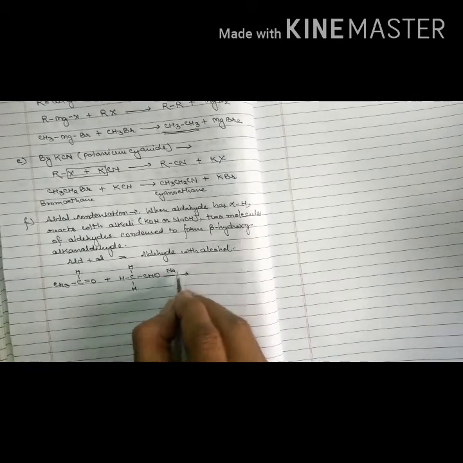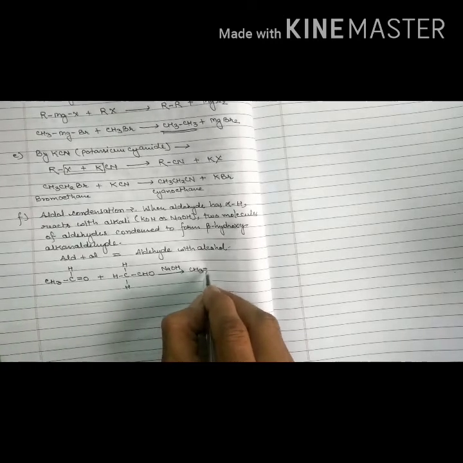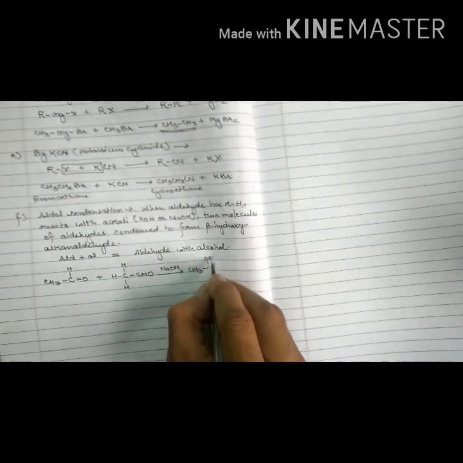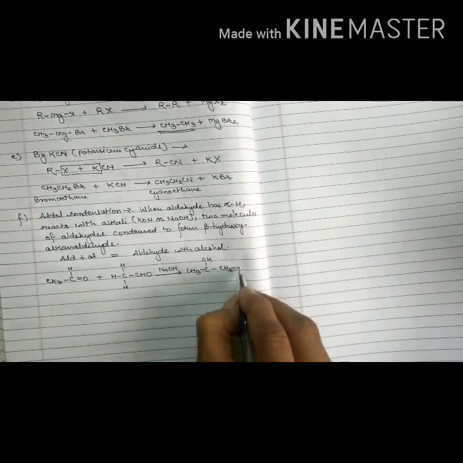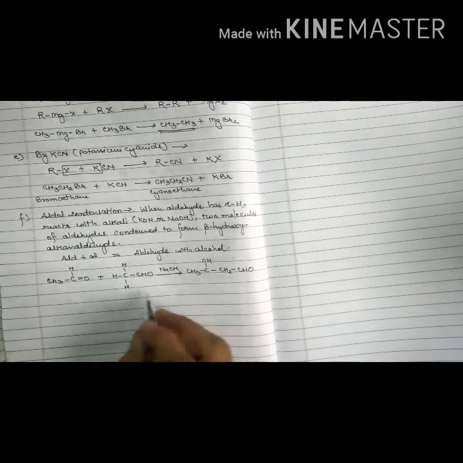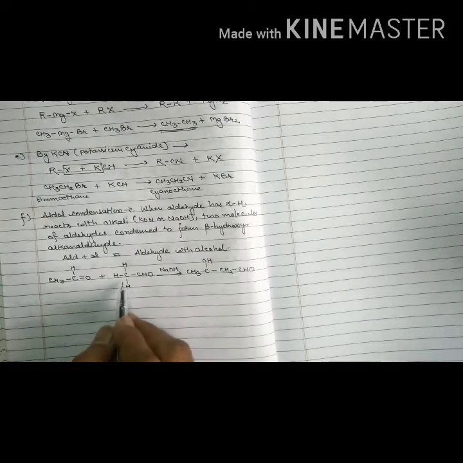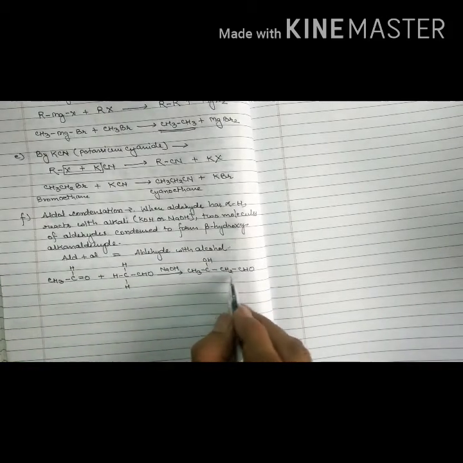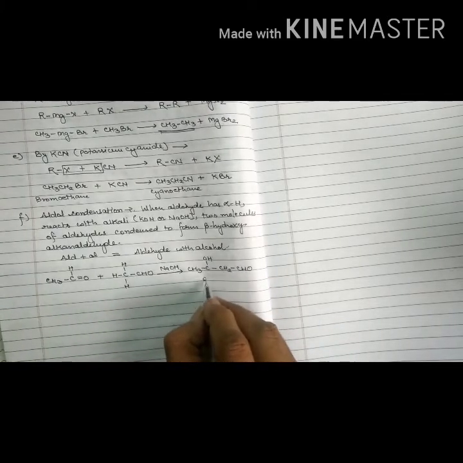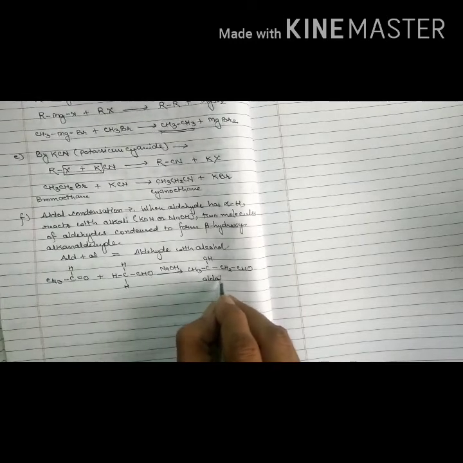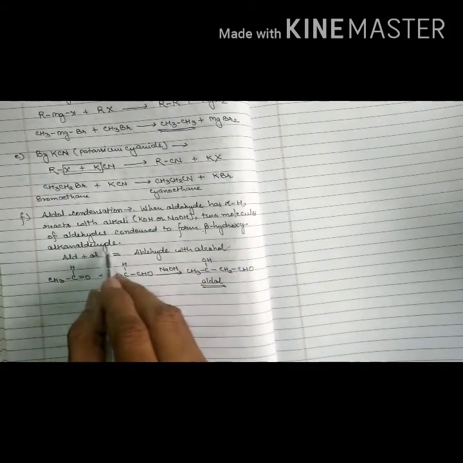Alkali, either NaOH or KOH, results in the formation of CH3CH(OH)CH2CHO. Now we can see there are two molecules having two carbon atoms, and here there is a single molecule containing 4 carbon atoms. This product is called the aldol product, and its name is beta hydroxy alkanaldehyde.